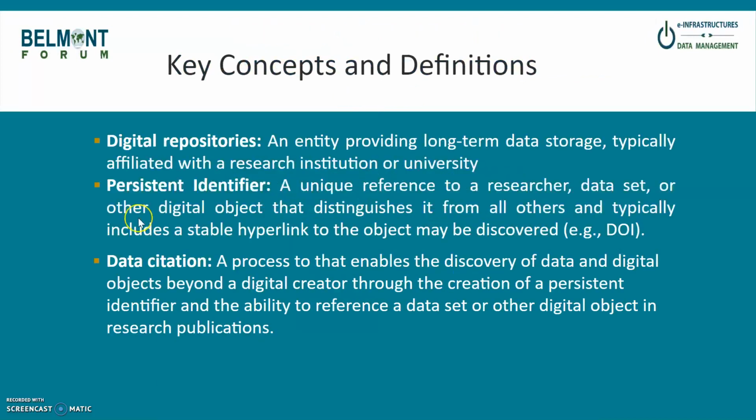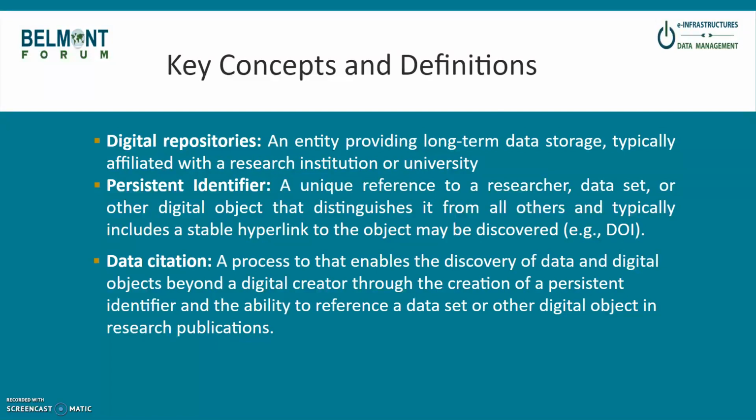Some key concepts and definitions. Digital repositories are any entity providing long-term data storage, typically affiliated with a research institution or university. A persistent identifier is a unique reference to a researcher, dataset, or other digital object that distinguishes it from all others and typically includes a stable hyperlink to the object that may be discovered.